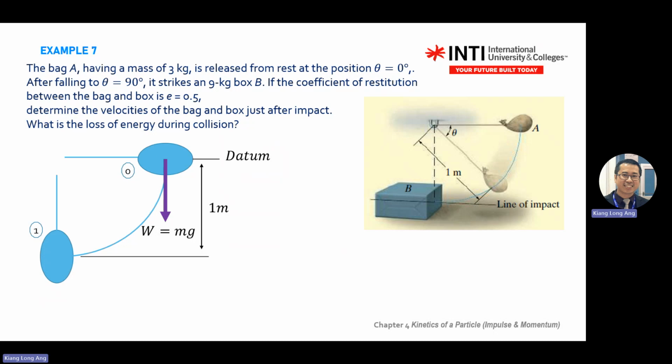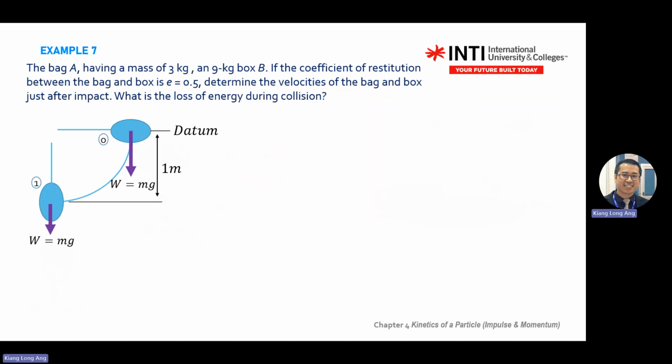So you draw a datum on the top, W goes down, right? So there's your weight mg always pointing down. And by now you should already understand what is conservation, what is conservative and non-conservative. Okay.